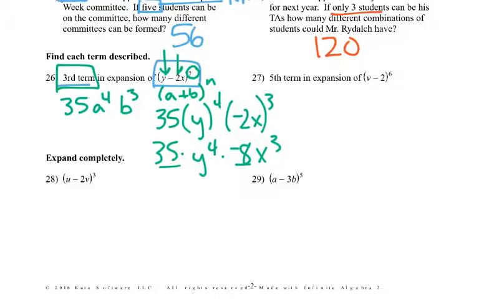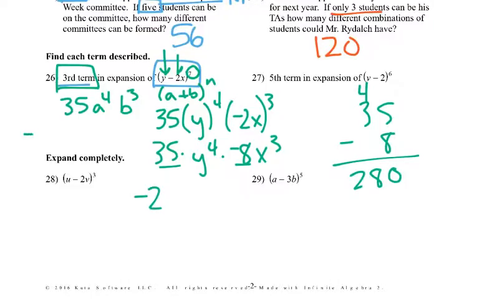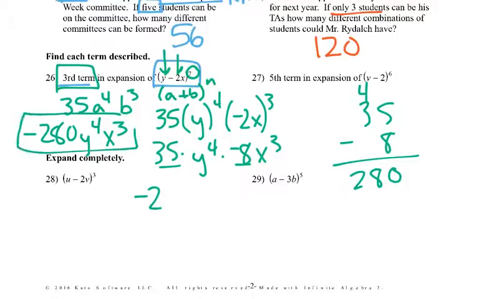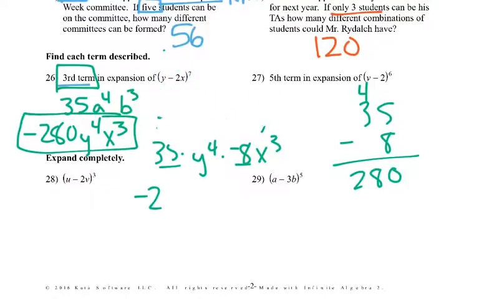Negative 8 times 35 would be 280. So negative 280 y to the 4th x cubed. That would be the third term if we expanded out that binomial.